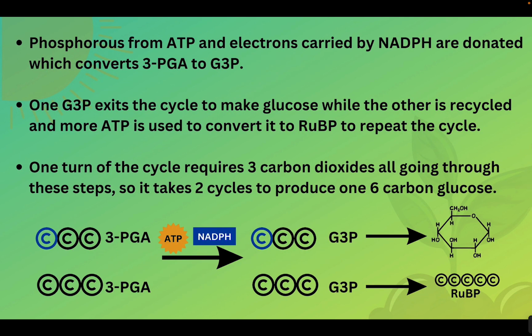Now, that ATP and the electron carrier, NADPH, are going to donate these electrons and a phosphorus from the ATP and overall convert 3-PGA to a molecule called G3P.